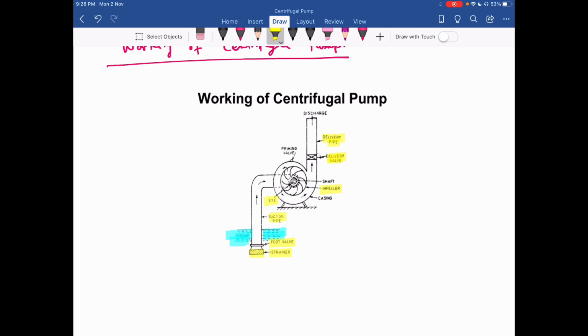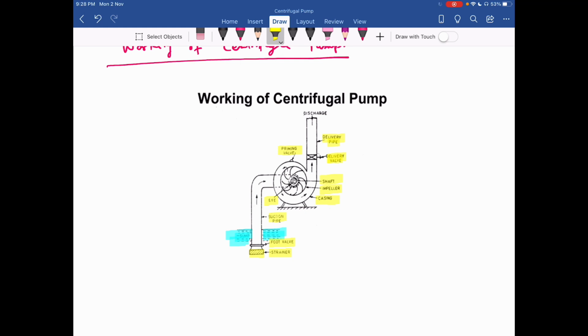Now the impeller is enclosed in a casing and further the delivery pipe connects to the casing. Now, in case of centrifugal pump, we have one more valve that is called priming valve. So these are the various components of the centrifugal pump.